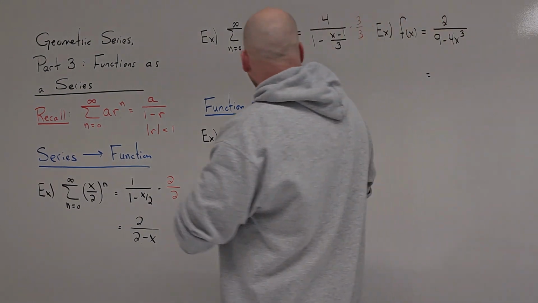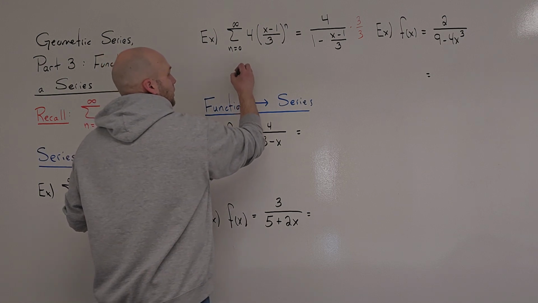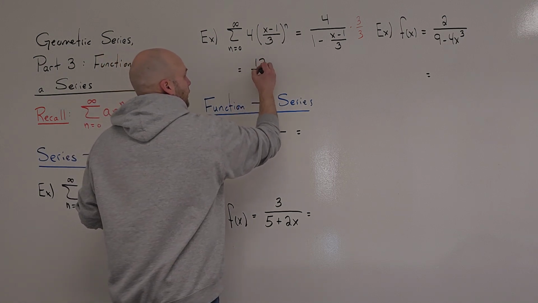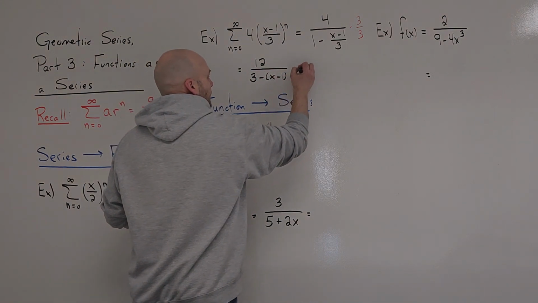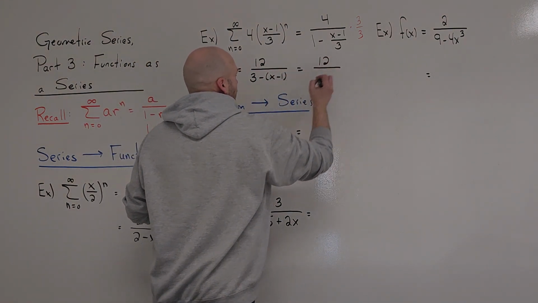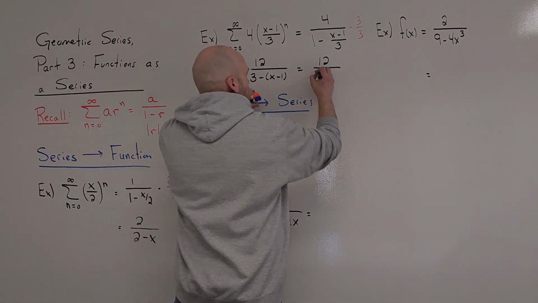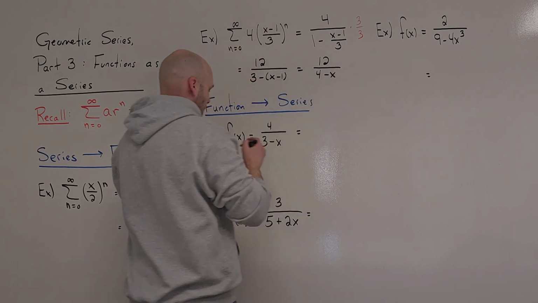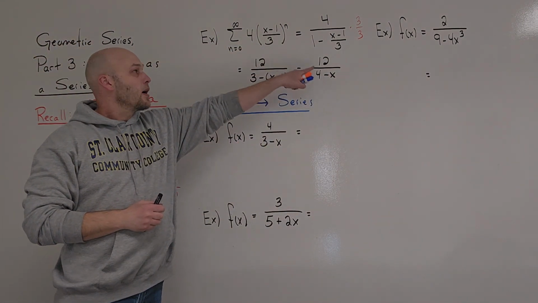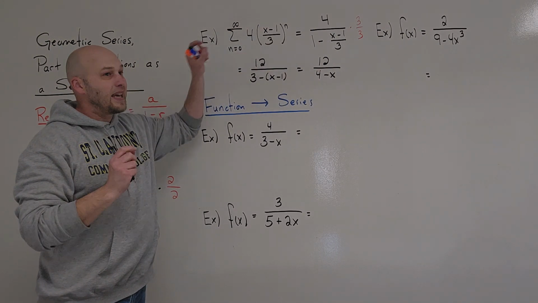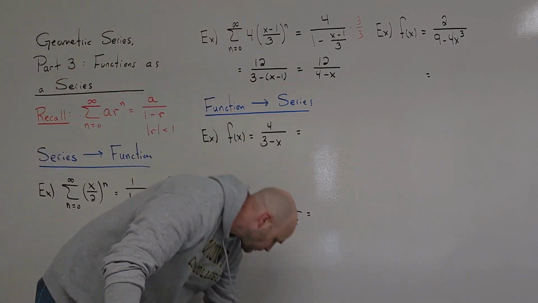That would give me 12 over 3 minus x minus 1, which would be 12 over 3 minus x plus 1, giving me 4 minus x. So 12 over 4 minus x matches this function, again, only on the domain restriction for the geometric series.